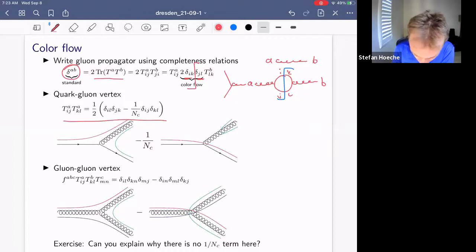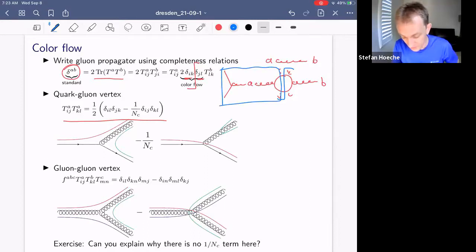And then I calculate this entire block as the quark gluon vertex in the color flow representation. And you know this relation, it's just essentially the Fierz identity for the SU(3). So I have open indices this time, so I don't have this trace that I had previously for the gluon propagator.